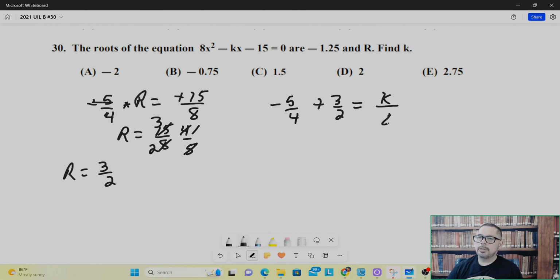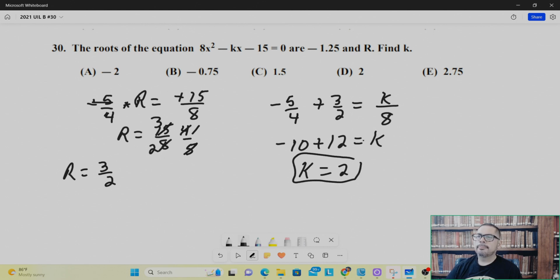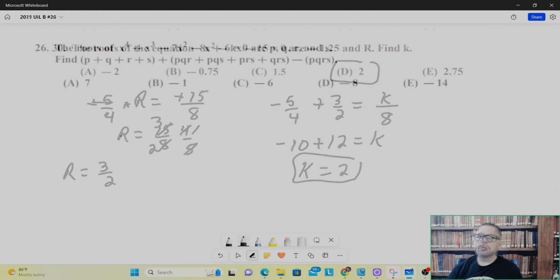And so if I multiply everything by 8, I end up with a negative 10 plus the 4 times 3, which is 12, is equal to k, and k will then equal 2. D. All right, so let's go on to the next problem.